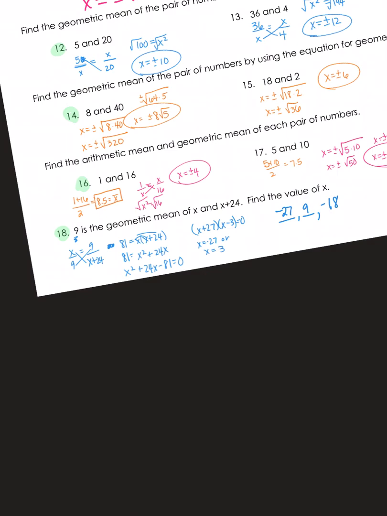Does that work? Or what if we do x is equal to 3? So we've got 3, 9, and 27. On this one, we are multiplying by 3, multiply by 3, and it appears that that works. So x is equal to 3.